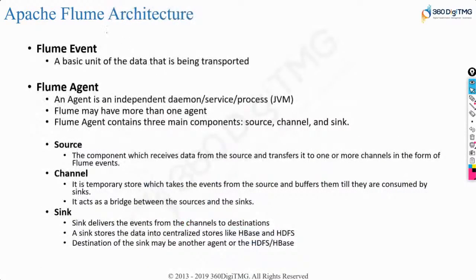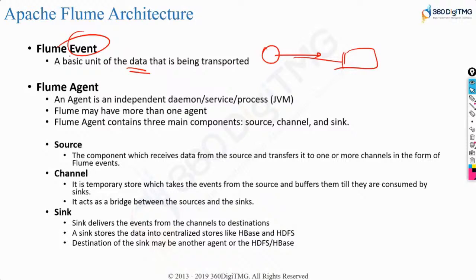concepts. Event is nothing but the data, the smallest, basic unit. One data point which is getting stored and transported from source to destination. One basic unit which is getting passed is called an event.